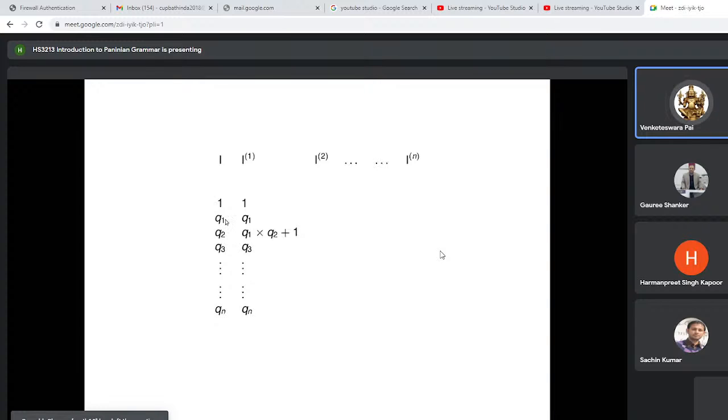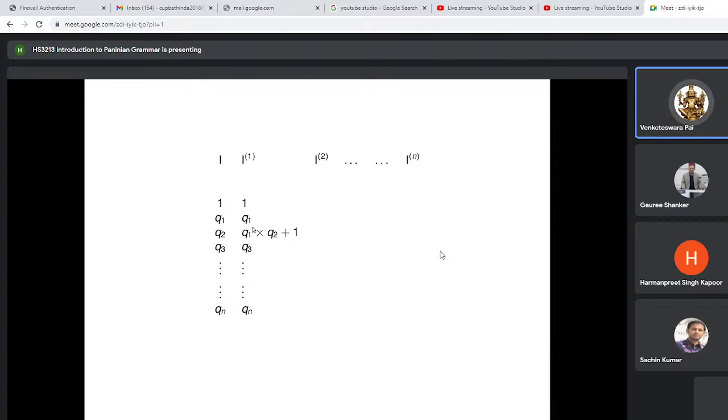And then what you need to do? You need to multiply the second term. Here, as far as this column is concerned, the first term is 1, second term is Q1, third term is Q2. Now in the second step, you need to multiply the second term with the third term and add the first term.